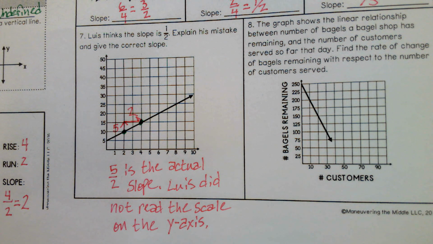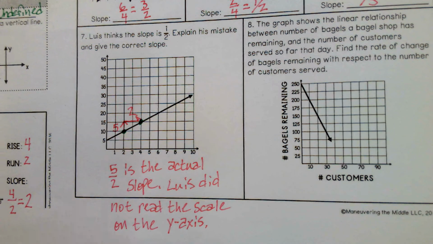So the graph shows the linear relationship between the number of bagels a bagel shop has remaining and the number of customers served so far that day. Find the rate of change of bagels remaining with respect to the number of customers served.